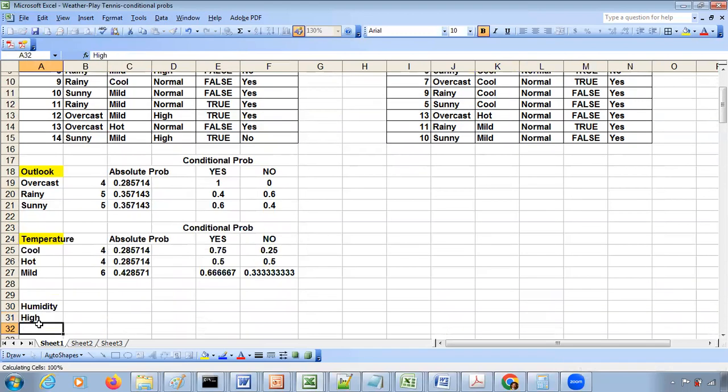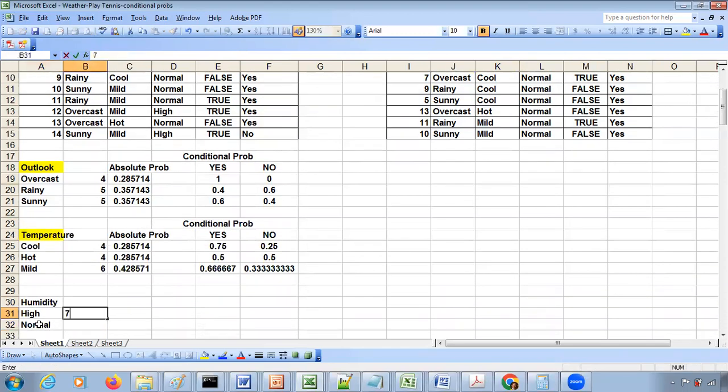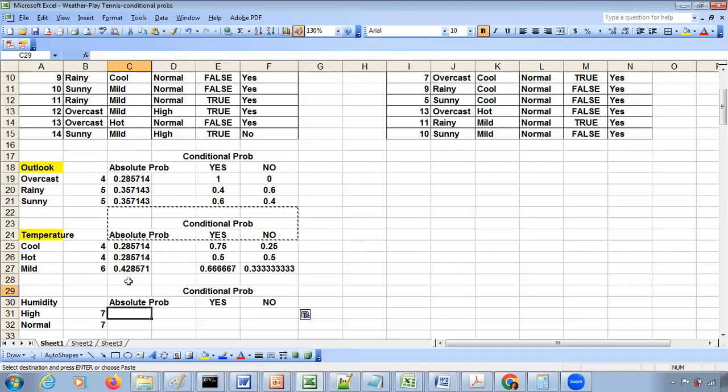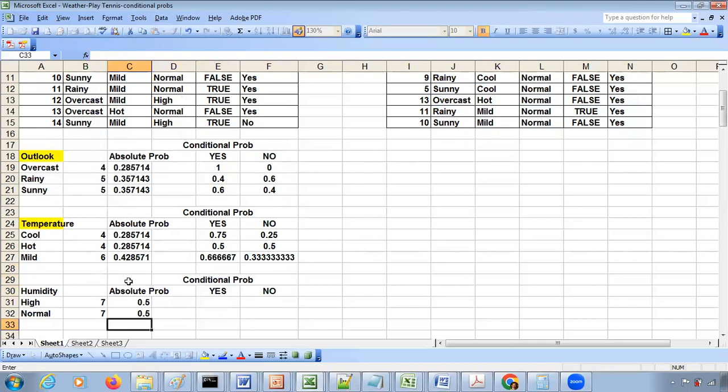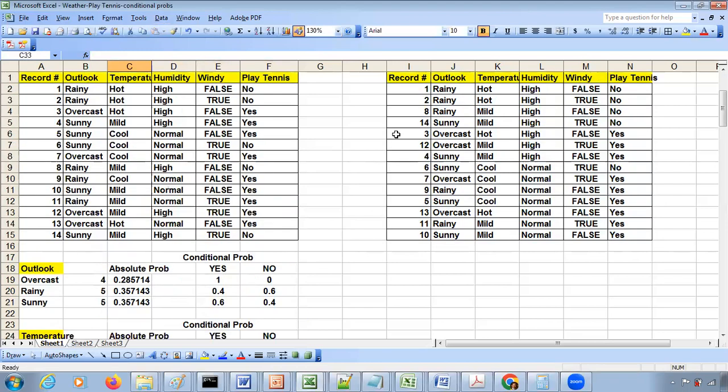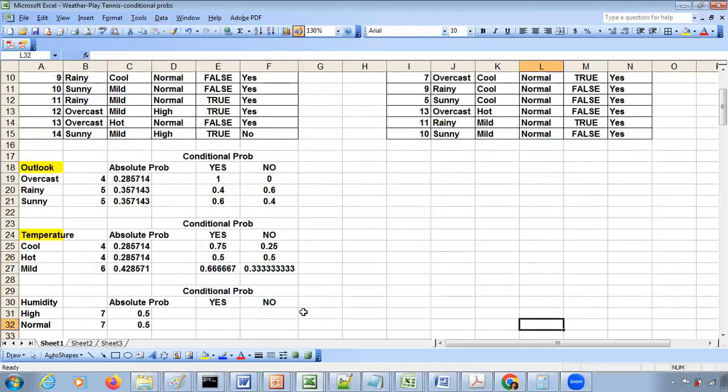So 7 of the 14 have humidity as high, and again 7 of the 14 have humidity as normal. Now the conditional probability cases, out of the 7 high humidity records, there are 4 no's and 3 yes.